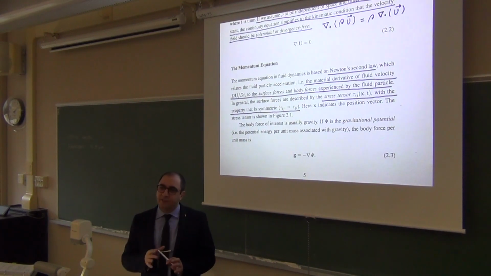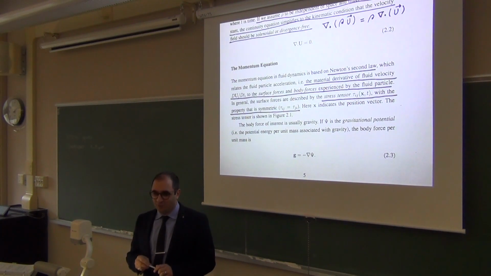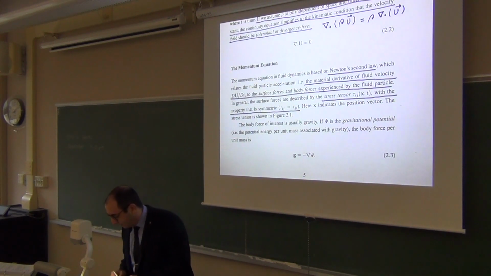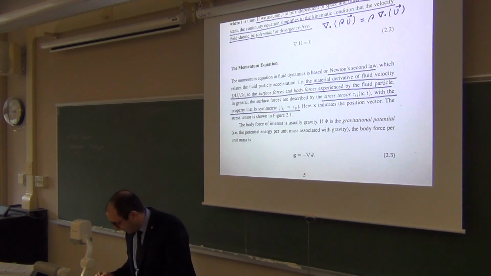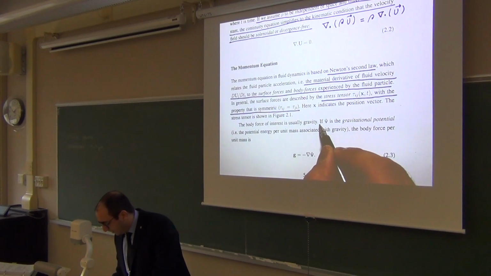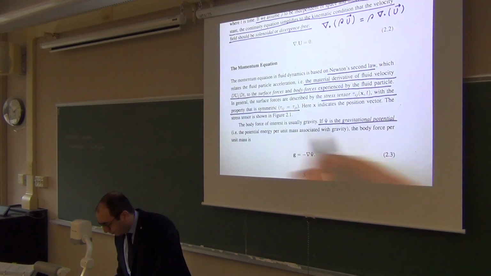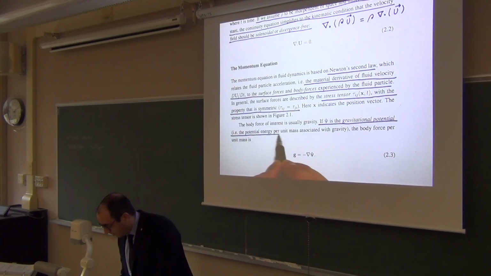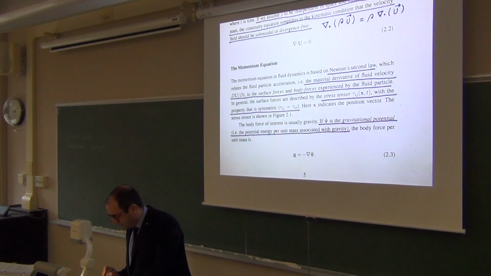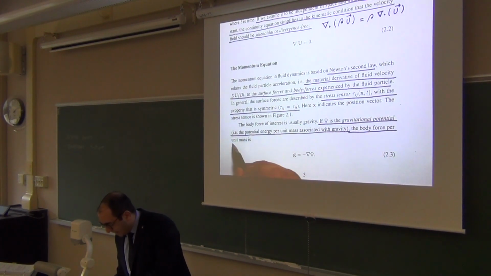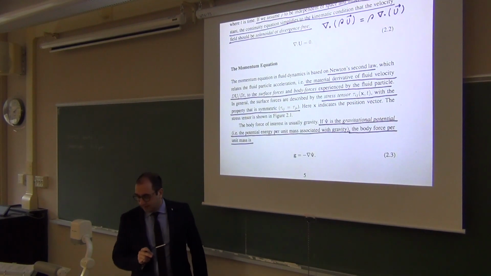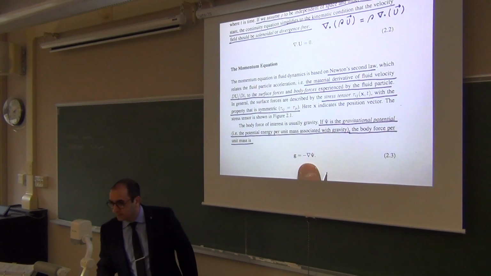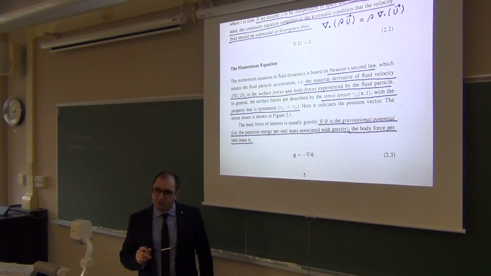and we define it in a sort of non-conventional way for the purpose of the continuity equation. We want to define it based on the concept of potential. So suppose that the symbol psi is a gravitational potential, the potential energy per unit mass associated with gravity. The body force per unit mass, or G, can be expressed as minus gradient nabla of this gravitational potential.